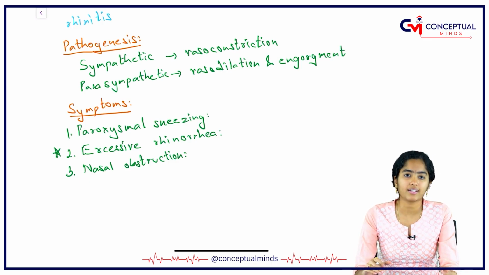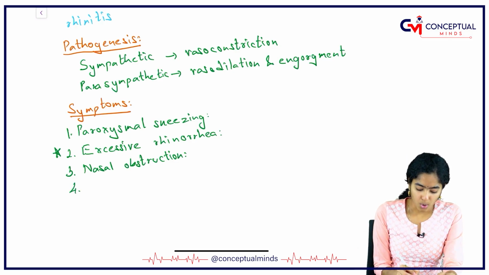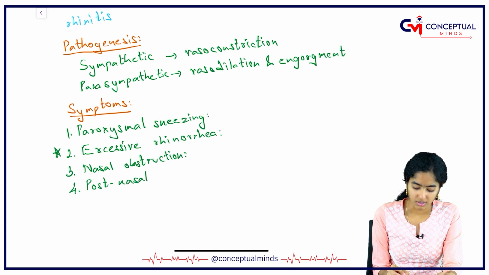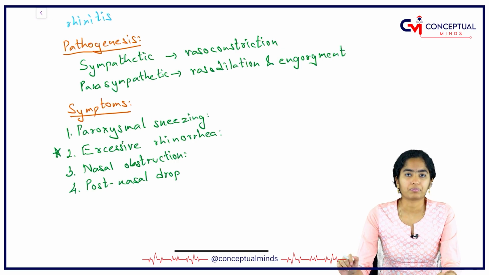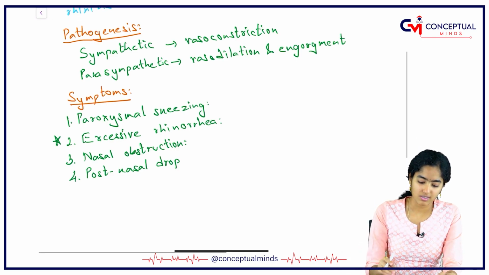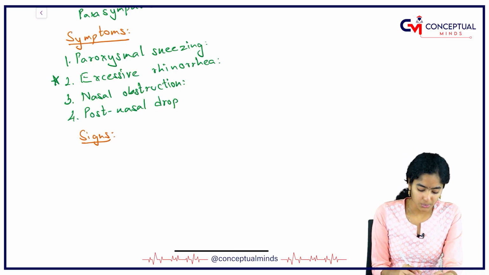On the dependent side, the nose gets blocked. And finally, there is postnasal drip, which is also because of excessive secretions. Next, the signs. When you observe the nasal mucosa of the patient, what we commonly see is congestion.